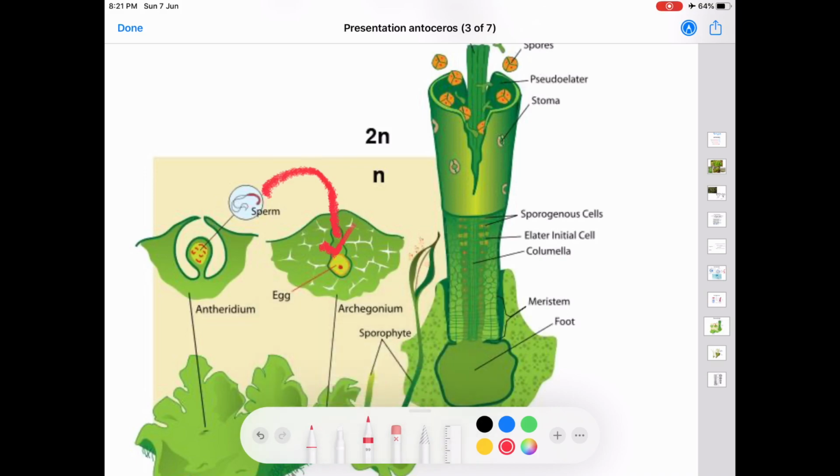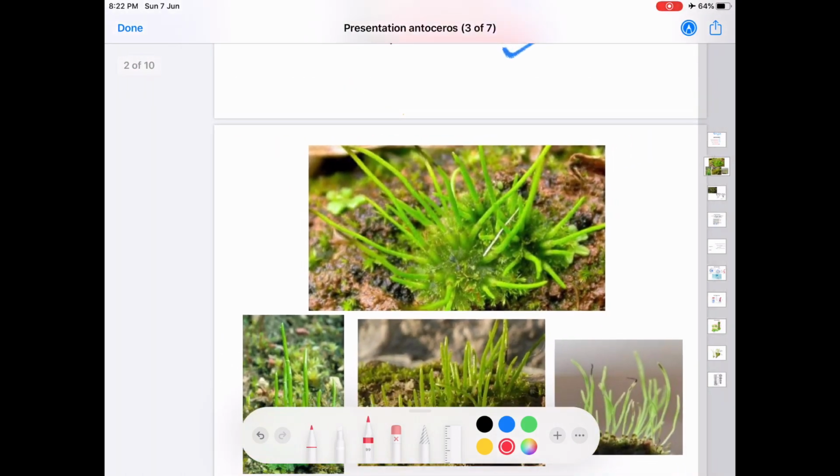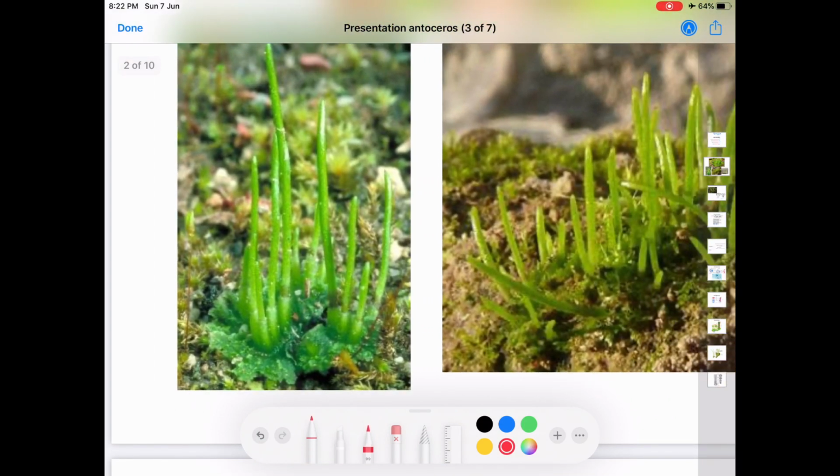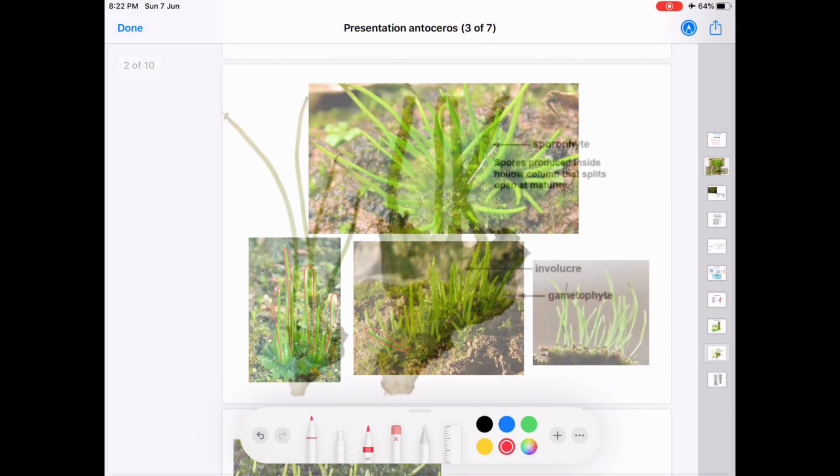This is the sporophyte of Anthoceros. See, these pillar-like elongated structures are the sporogonium or the sporophyte in Anthoceros thallus.